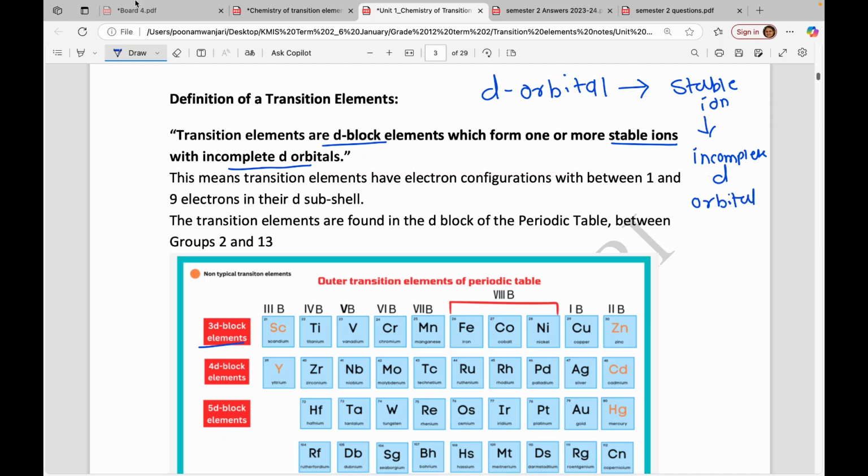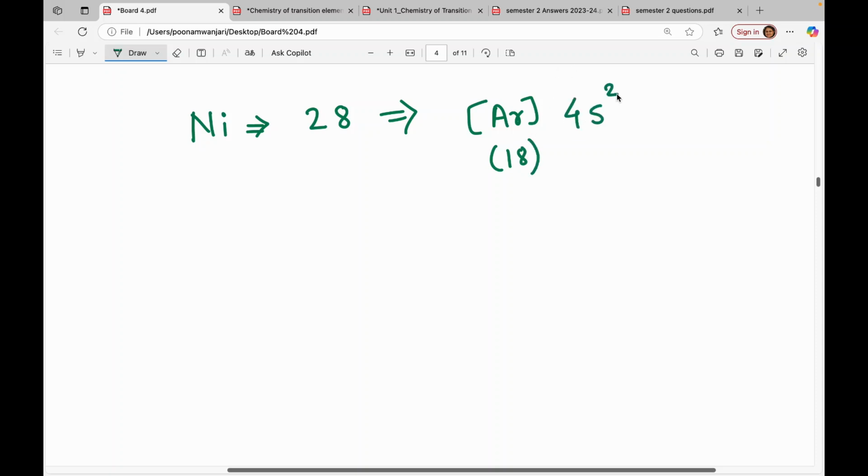If we want to write any example, we can write nickel. The atomic number of nickel is 28. We can take any random example. Argon core up to electron 18, 4s2 3d8. This is the normal electronic configuration of nickel.